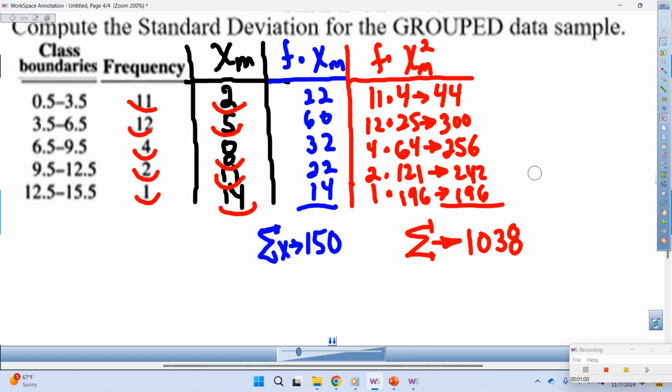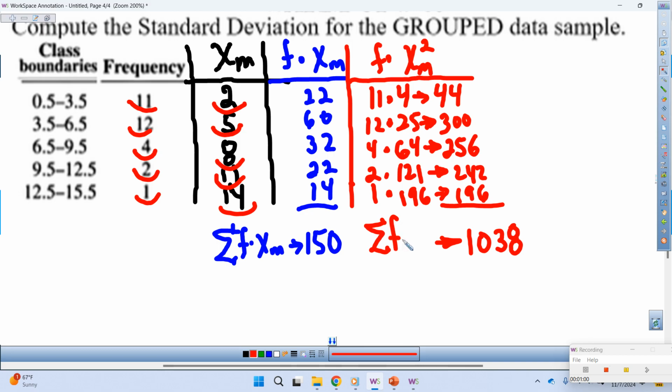So, let me write this out correctly just so that we can have the label correctly. So here we did the sum of frequency times midpoint. And this one is the sum of frequency times midpoint squared.